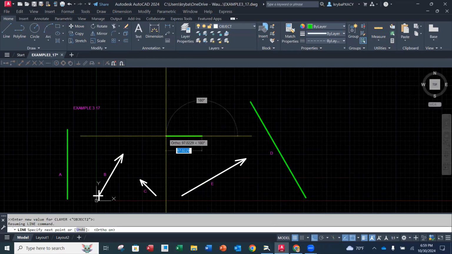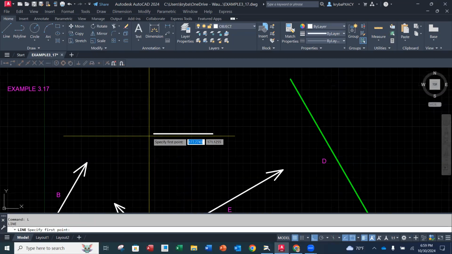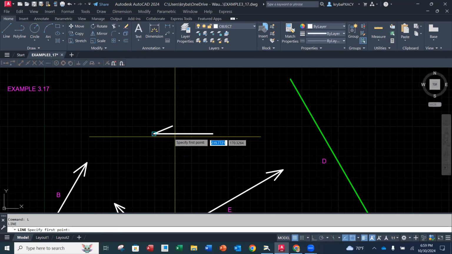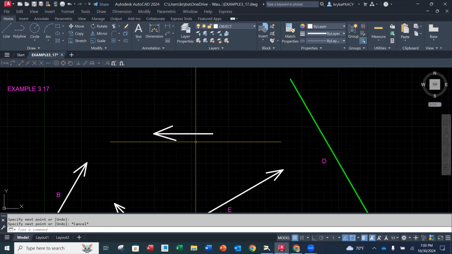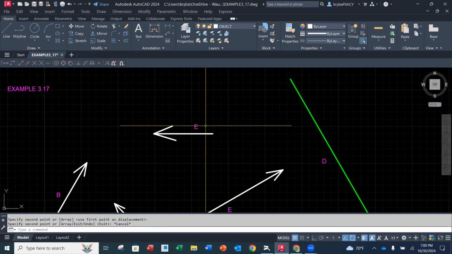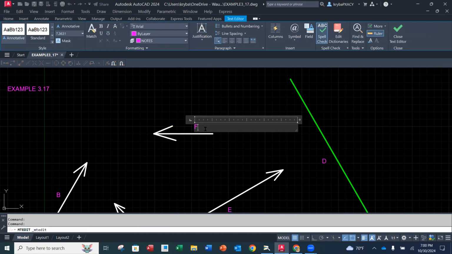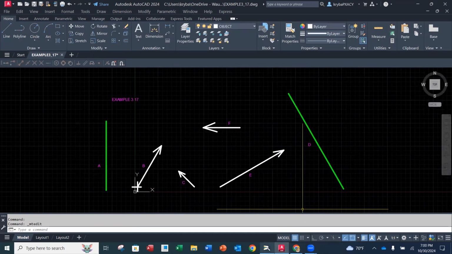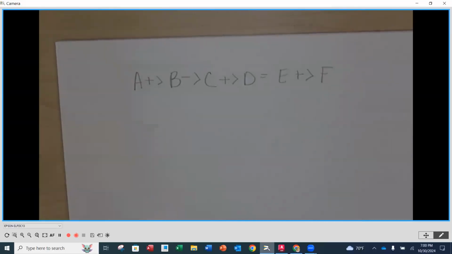So if you need to add it in there, go ahead and do that. And there is an arrowhead. Sorry about that. And F. Okay. All right. So there's my F. So this is our equation.